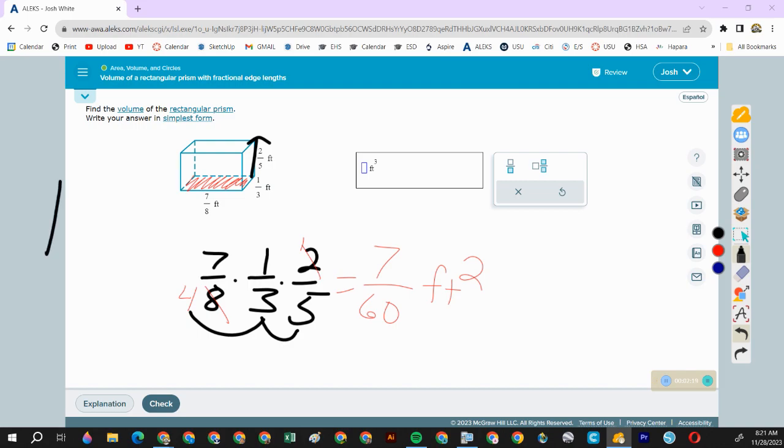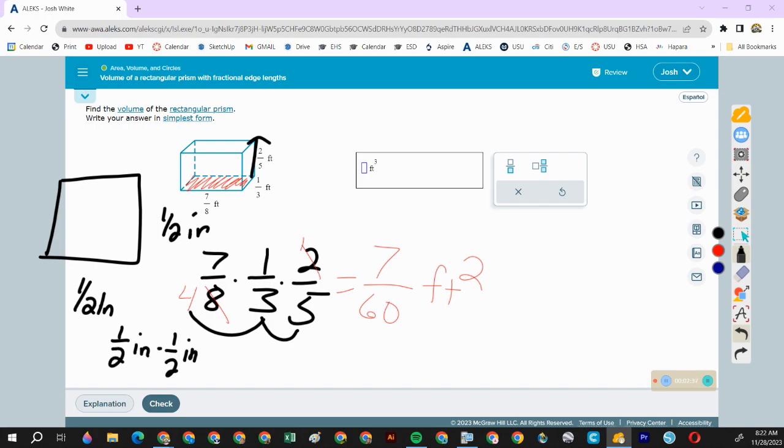Well, let's think about a square. If I had a square and one side was 1/2 of an inch and the other side was 1/2 of an inch, what is the area? That would be 1/2 inch times 1/2 inch, and that would be 1/4 inch squared. And it got smaller. Why is that? Well, if this is 1/2 of an inch, then that would be a full inch, and this would be a full inch. And if I draw a square, what do you notice?